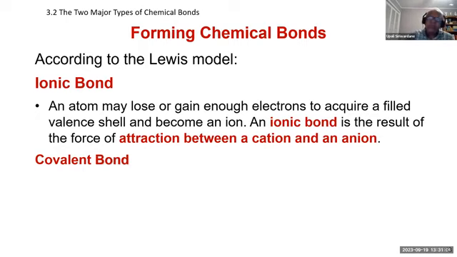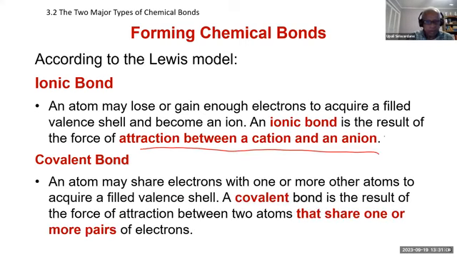Ionic bond is the result of attraction between cations and anions. Covalent bond, on the other hand, results from the force created by sharing one or more electron pairs. So there's no charge transfer like cation and anion formation in the covalent bond.